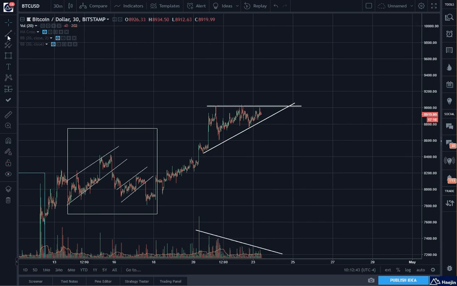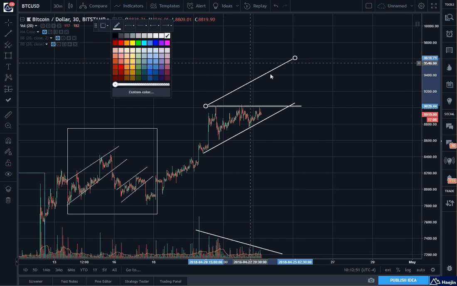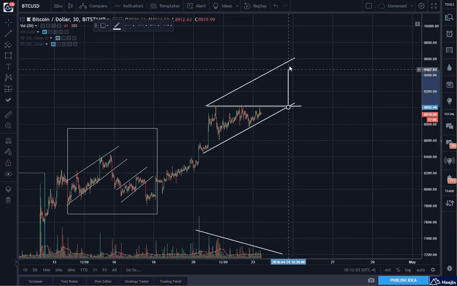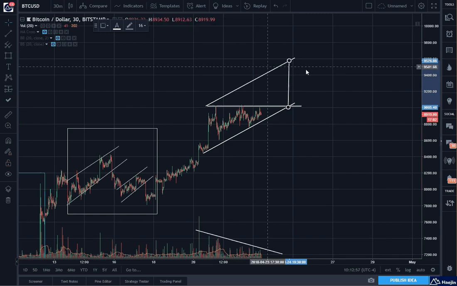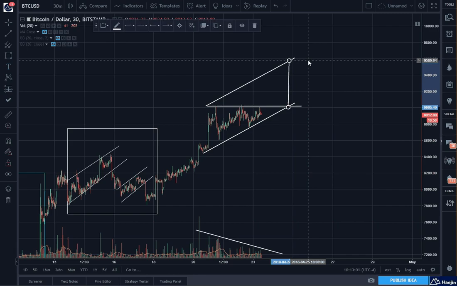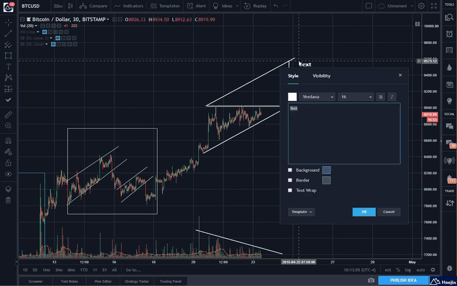And if we provide a minimum hit target of this, I would put it at somewhere near 9600. And if that's the case, that would be the minimum, which means it usually gets exceeded.